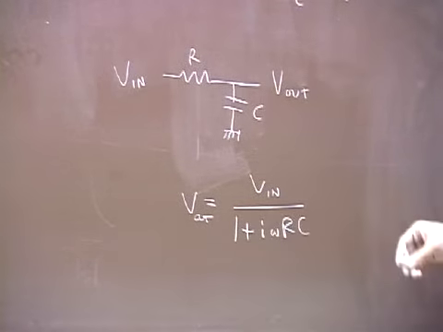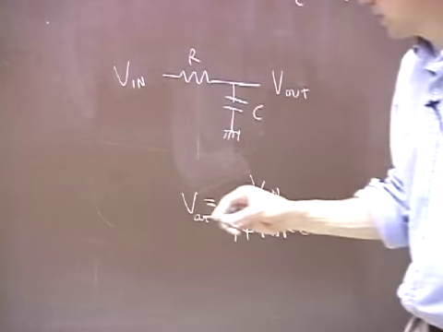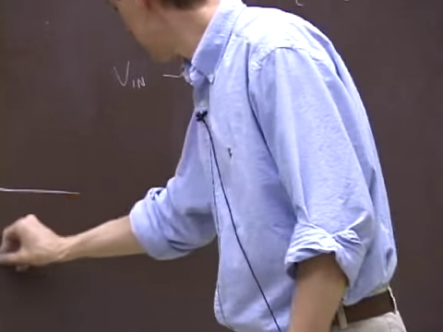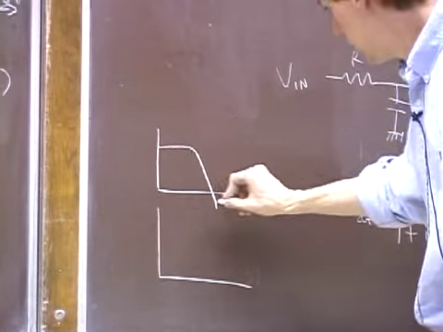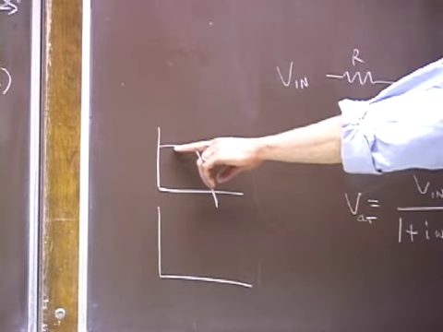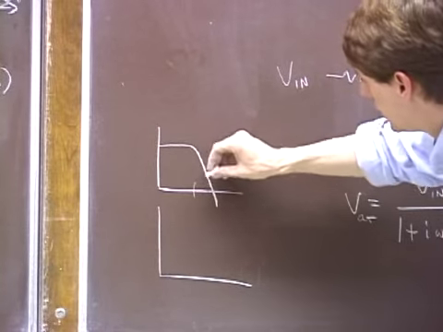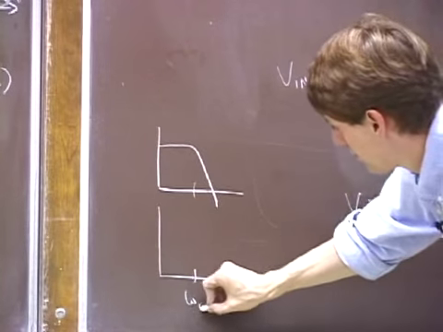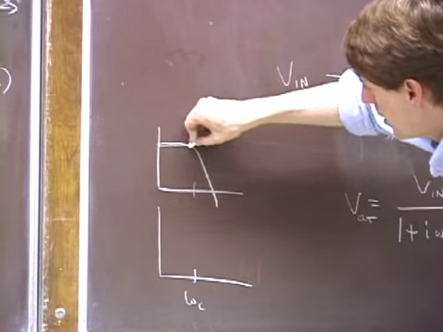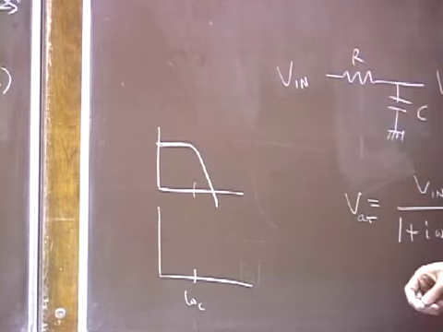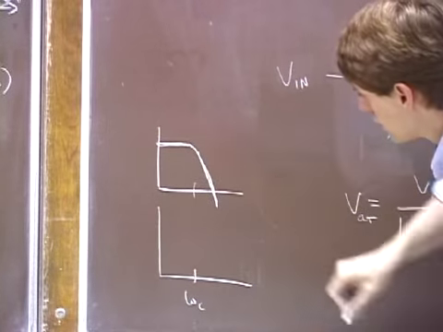And if we draw a Bode plot of this, we'll see that at low frequencies, below this cutoff frequency, omega c, the output is exactly the input. Whereas at high frequencies, the output trails off.